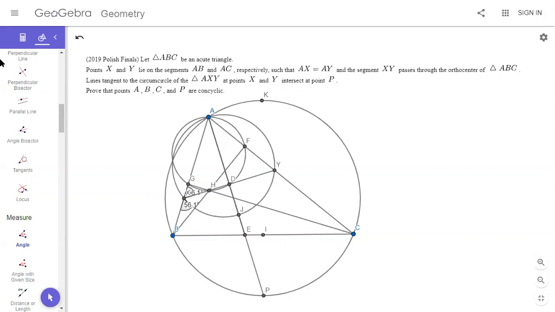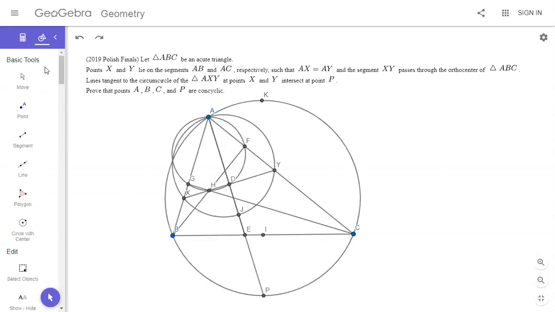Yeah. Okay, that's interesting. Can we show angle BXP is equal to angle AXD? I think maybe we can.